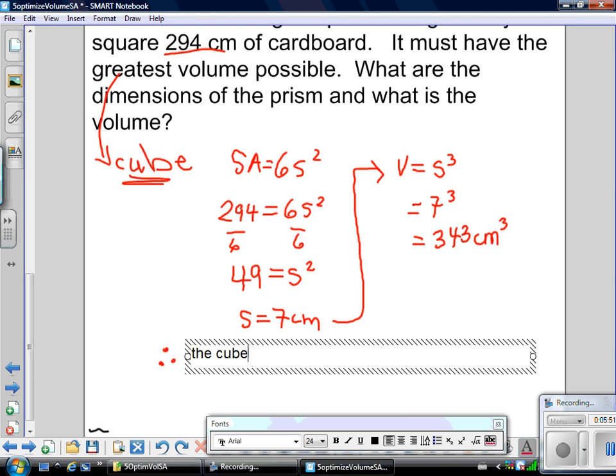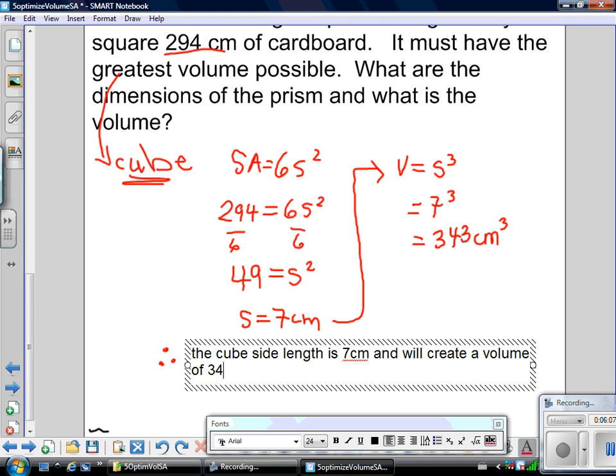The cube side length is 7 centimeters and will create a volume of 343 centimeters cubed.